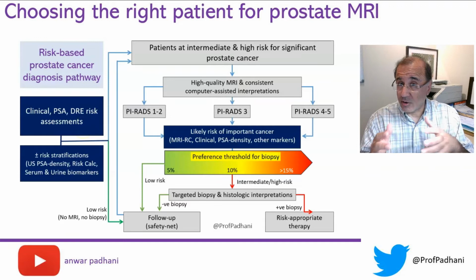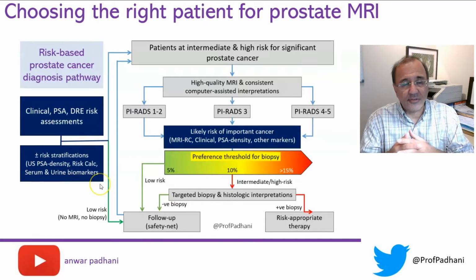They may or may not use other tools, such as a risk calculator, for example, a PSA density, which is based on an ultrasound evaluation of the prostate volume. They may use other blood tests or serum tests.